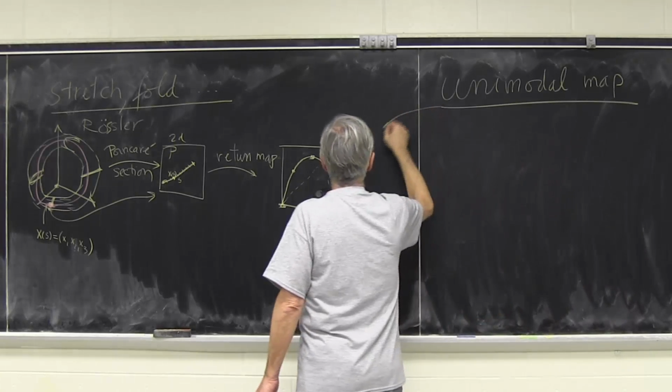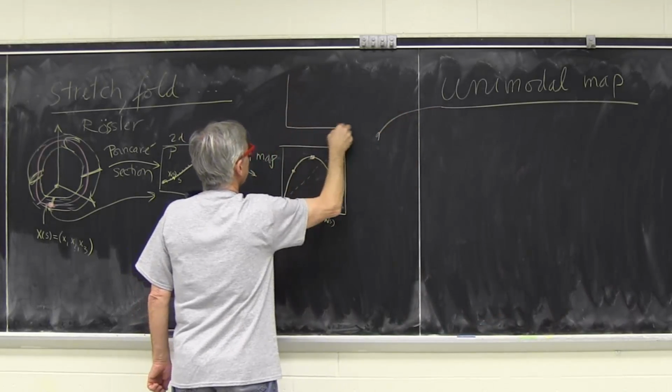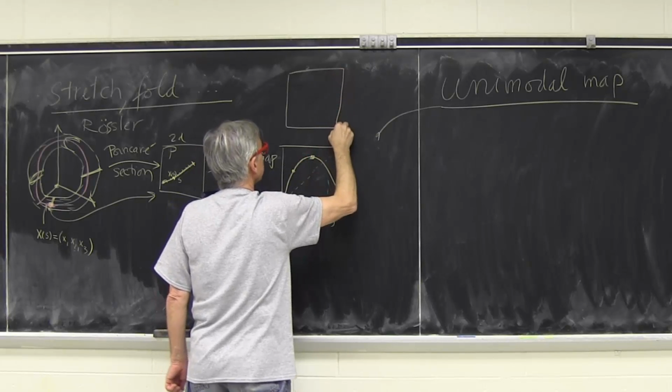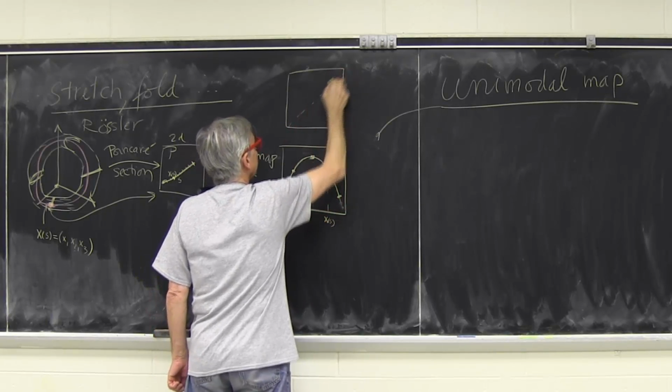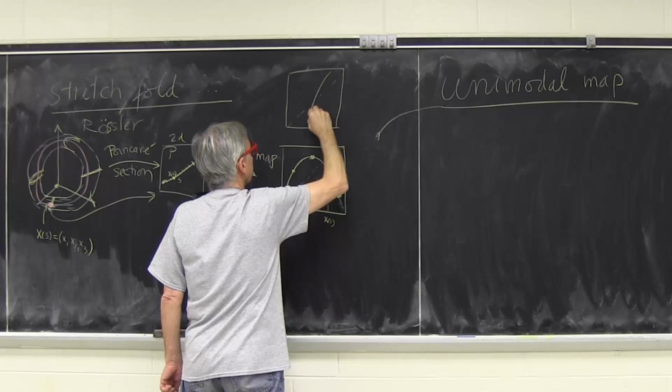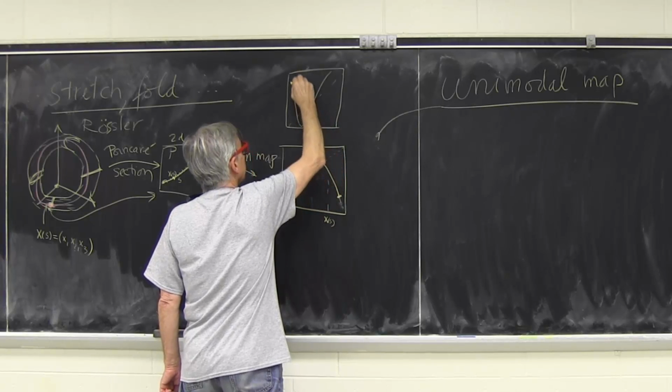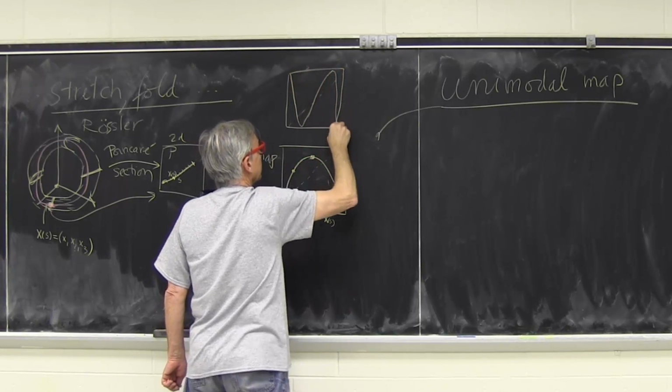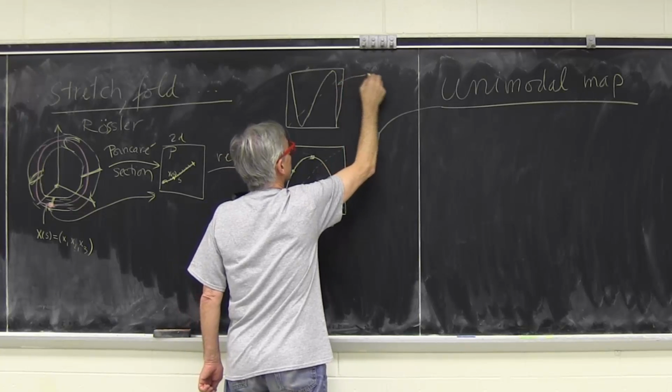And the other map that we looked at recently, which looks like that, but I'll make it smooth, is an example of a bimodal map.